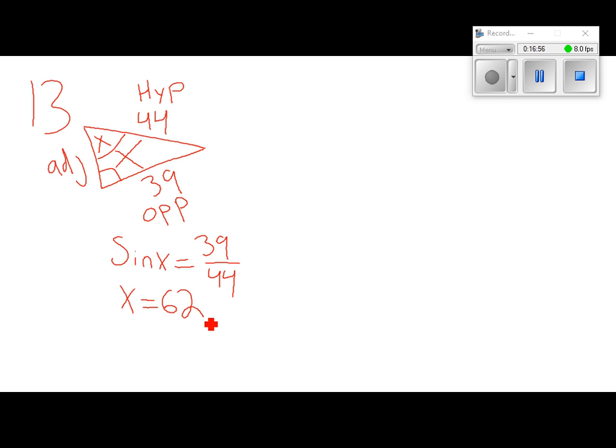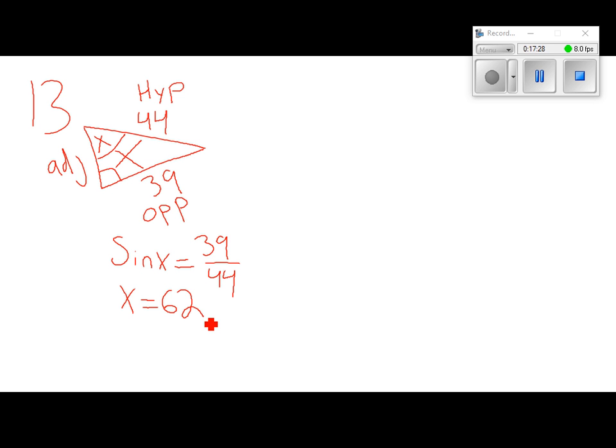You probably forgot something when you punched it in. Because remember, what did we say about the sine and cosine last time? They should always be less than what? 1. So if Maya had messed up on that one, everybody grab your calculator and do this. Second, sine, 44 divided by 39.